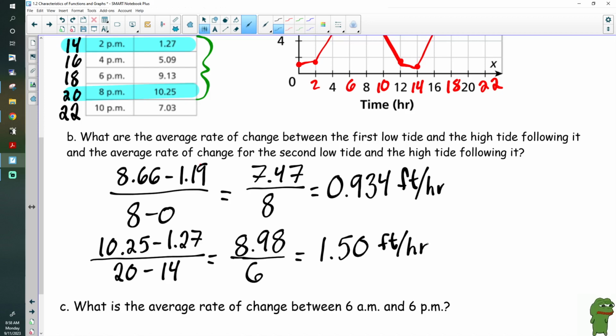How did you get the 20 numbers? It's like 8 p.m. from 2 to 8 p.m., but we numbered it 0 through 22. So 20 minus 14. What's our x value?